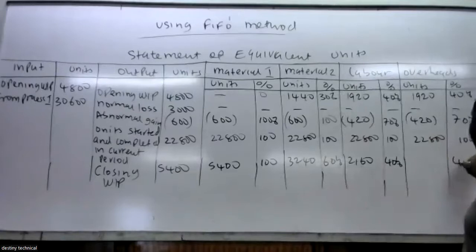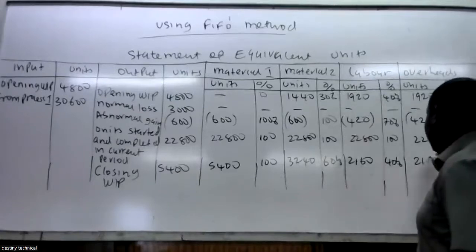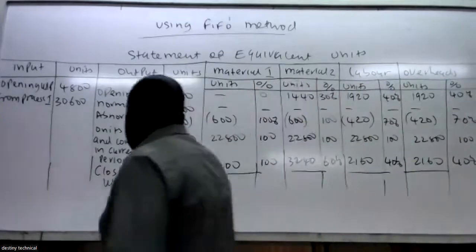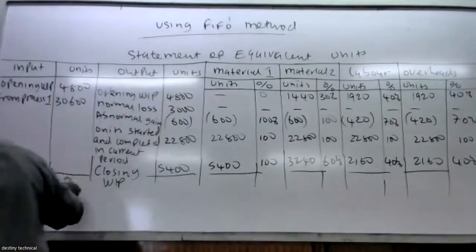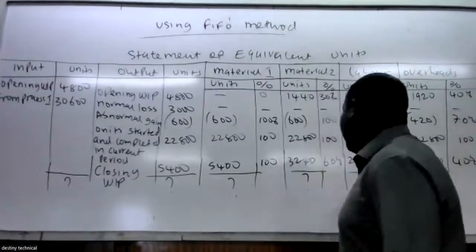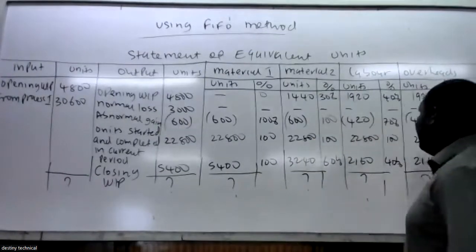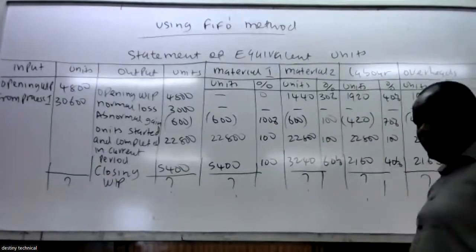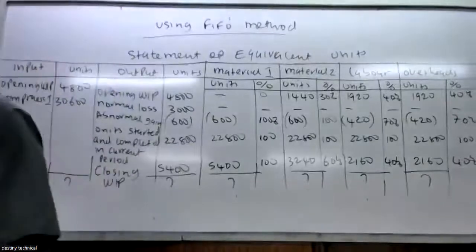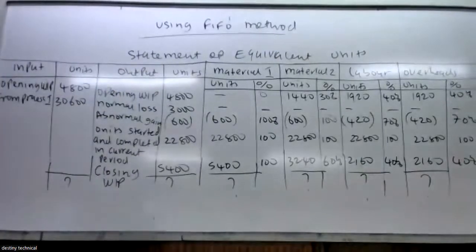Also this one is 40%, so it is also 2,160. So get these totals. Remember, for the abnormal gain, you will be required to subtract it.